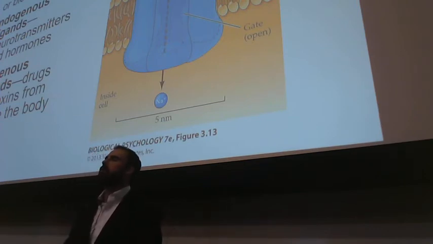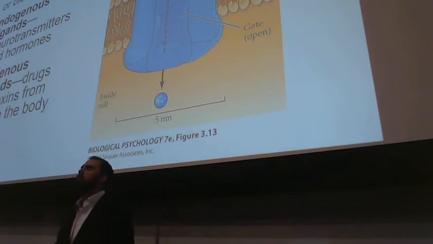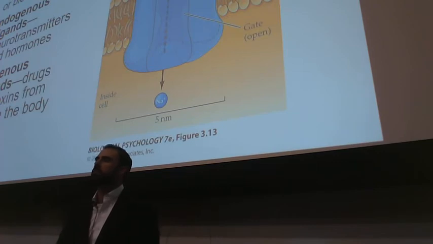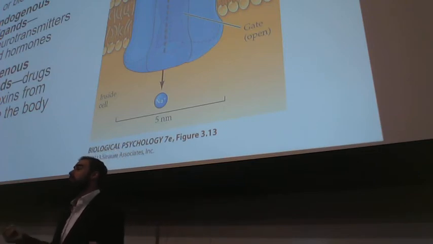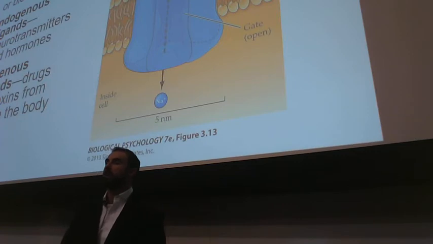There can also be exogenous ligands, other chemicals that are not endogenous to our own internal production but are introduced as outside chemicals that can hijack these systems and work on them too. Sometimes they're medicines and pharmaceutical drugs. We mentioned SSRIs. Other times they might be more illicit drugs like cocaine that hijack these systems too.